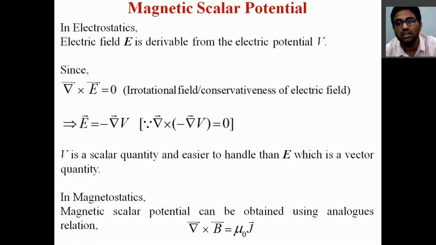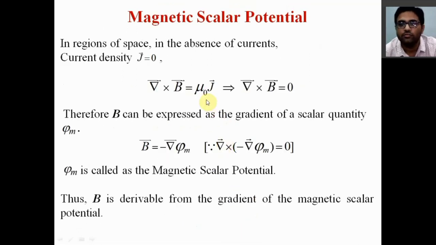Similarly in magnetostatics, magnetic scalar potential can be obtained from this equation, which is called the differential form of Ampere's law, and here J is the volume current density. In regions of space where free current is absent, meaning current density J is 0, the curl of magnetic field will be 0.